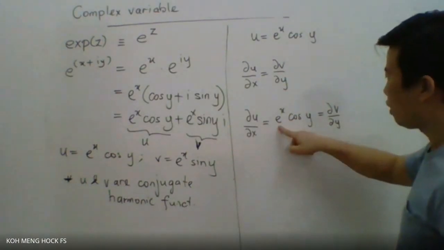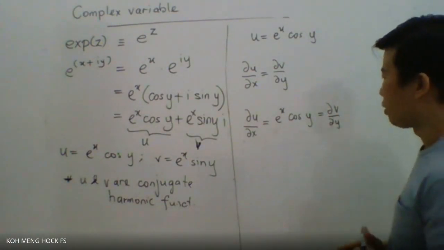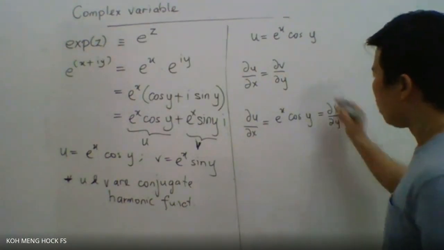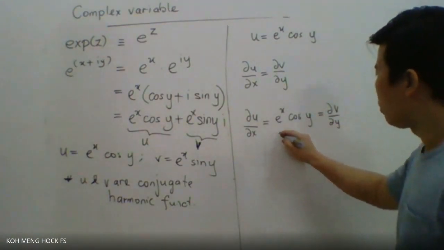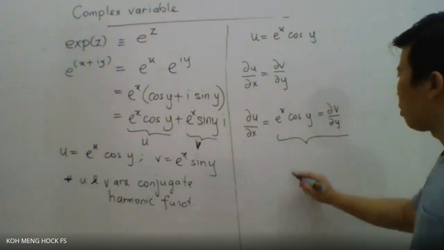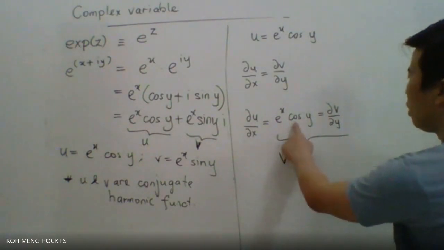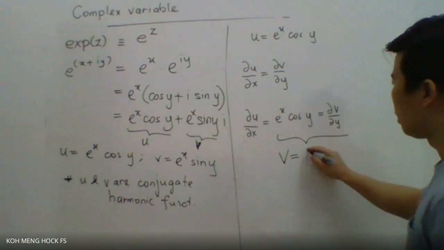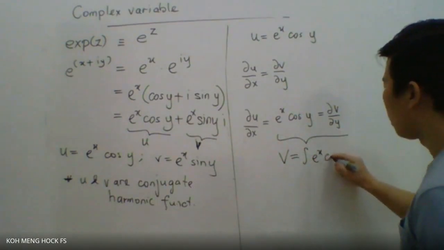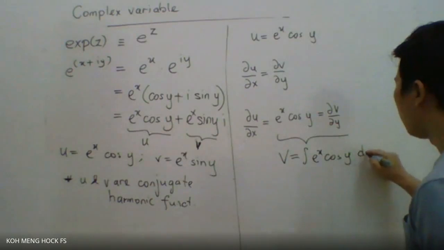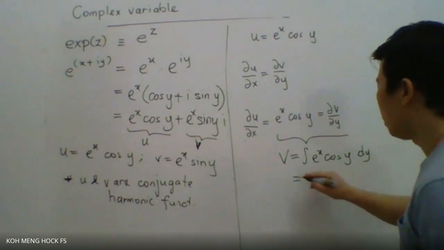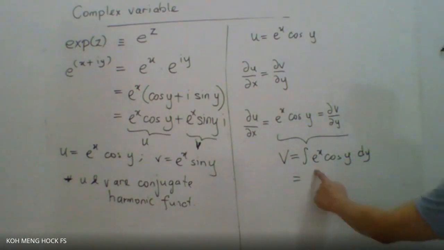I take the integration with respect to y. So v equals the integral of e^x cos y dy.